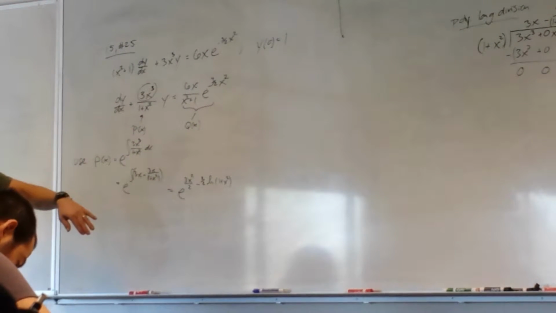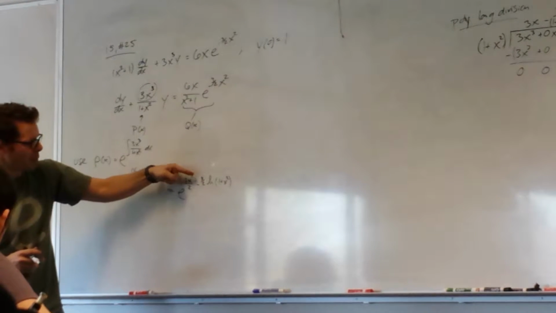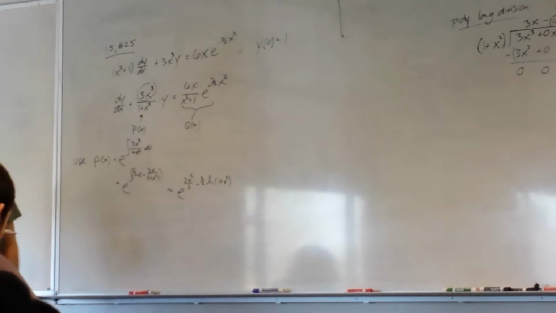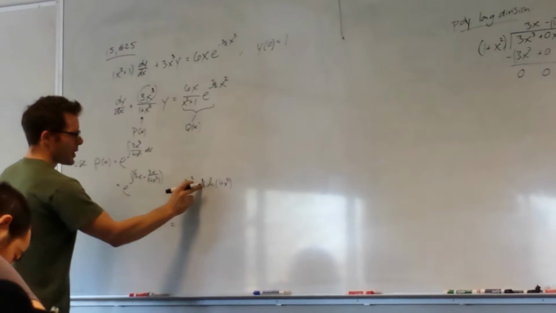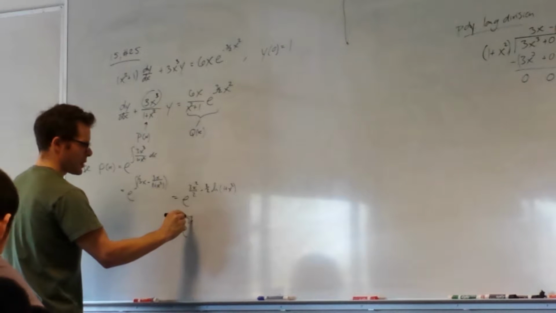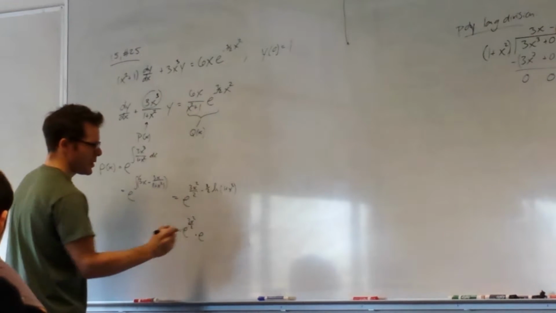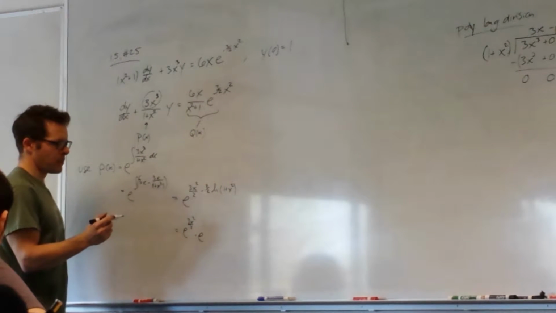That would be 1 over 1 plus x squared times 2x. The 2 would cancel that 2 and give me 3x. Yeah, that's it. Okay, a little more. Let's massage this around a little bit. This is going to be e to the 3x squared over 2, and I could write this as times e to the negative 3 halves natural log of 1 plus x squared. Yeah. Right.